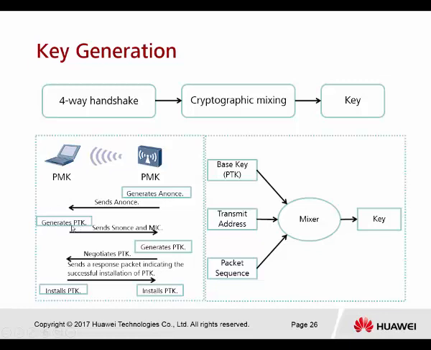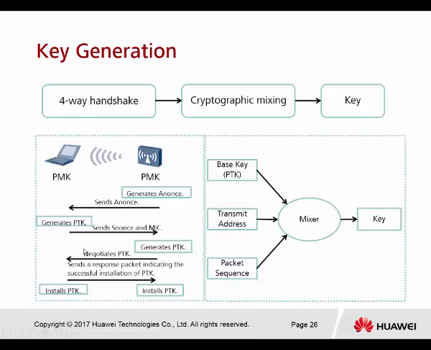This PTK is just for doing some of the random code. So they generate it and send the SNonce and the MAC to the AP. The AP receives it, then also generates the PTK and negotiates with the STA.